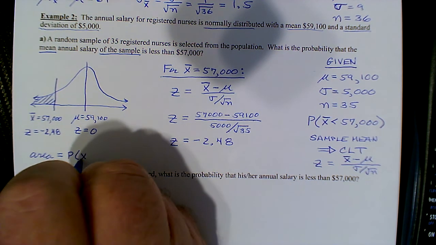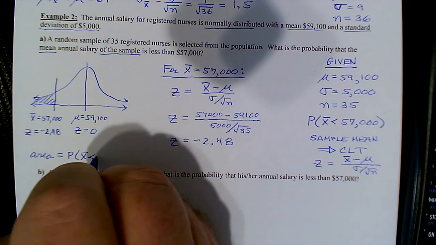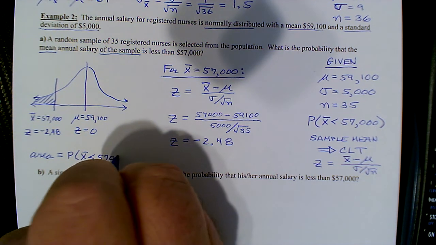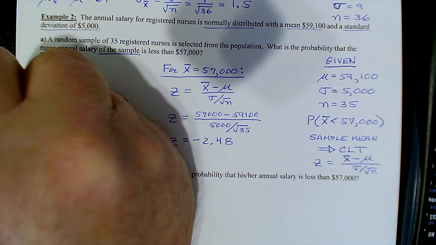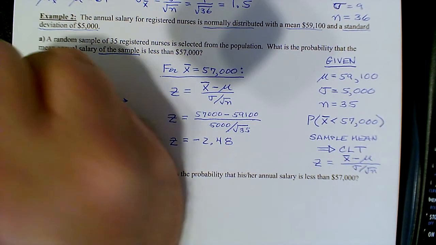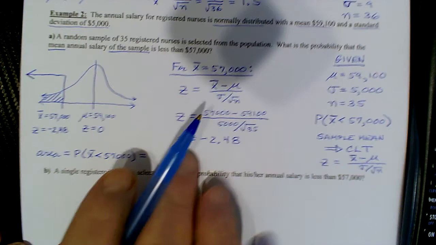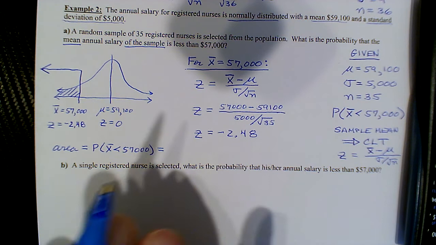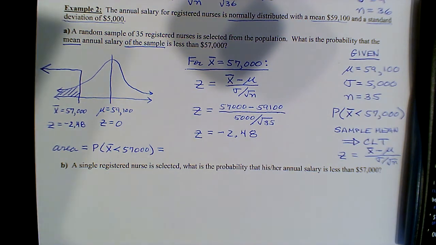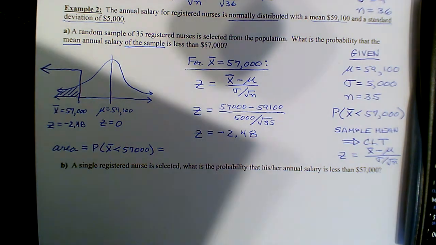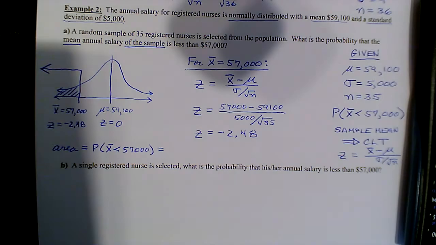You could say the probability of x bar is less than 57,000 if you want. But that's actually just going to be the area that we find in Table 4, because recall, of course, Table 4 gives us the left cumulative area. So you should be familiar enough with it, but just to show you one more time, where are we?